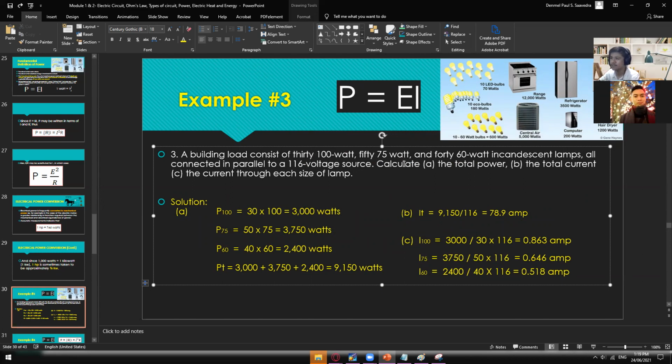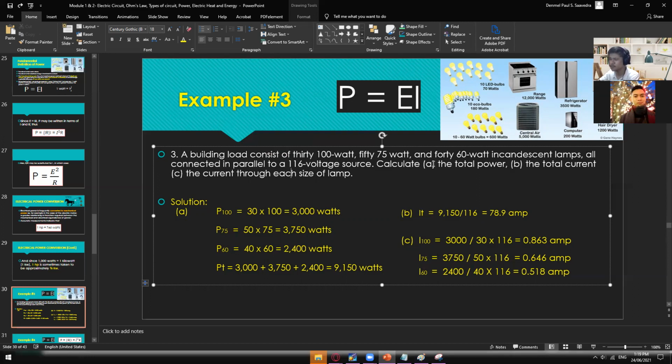So we have three different lamps, one consuming 100 watts, another 75 watts, another 60 watts, all connected in parallel to a 116 volt source. Knowing they are connected in parallel, we only have one voltage value for the individual lamps. The question here is to calculate the total power.